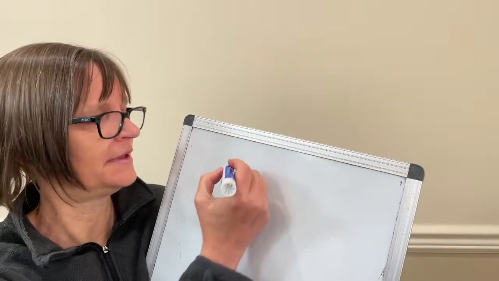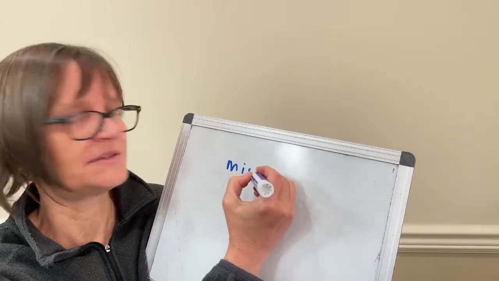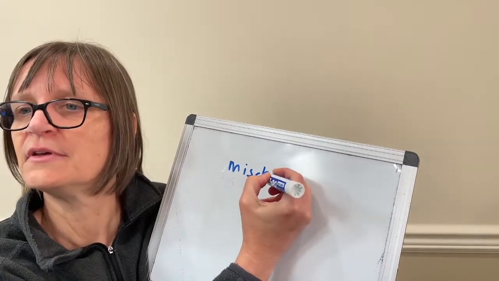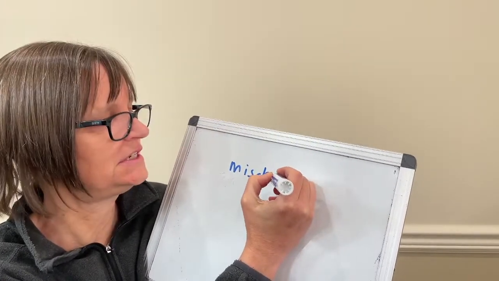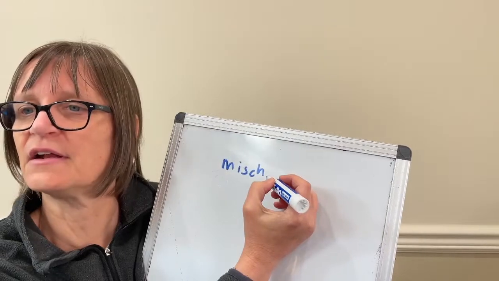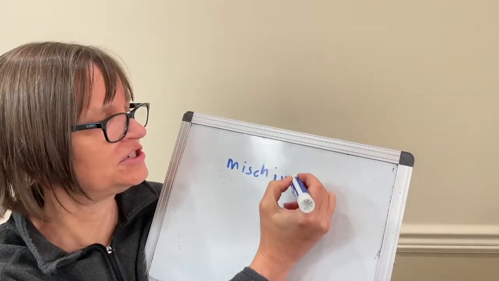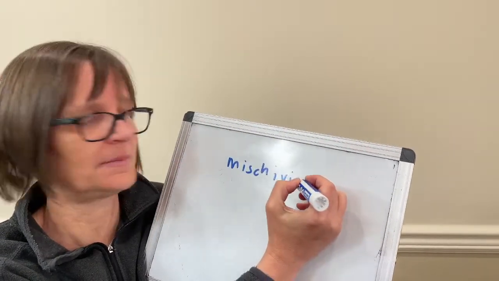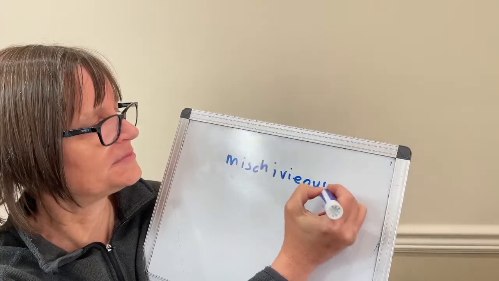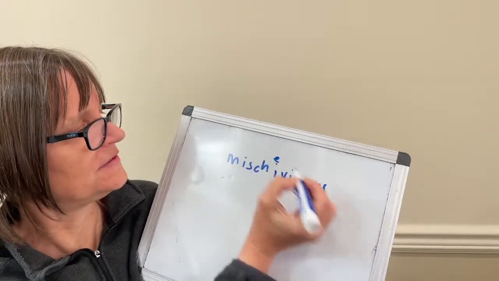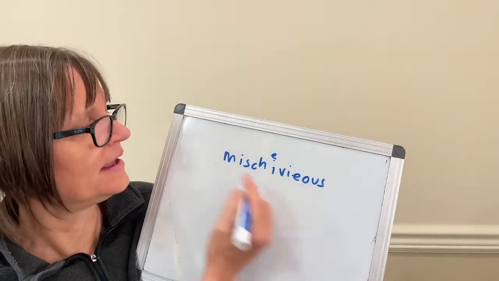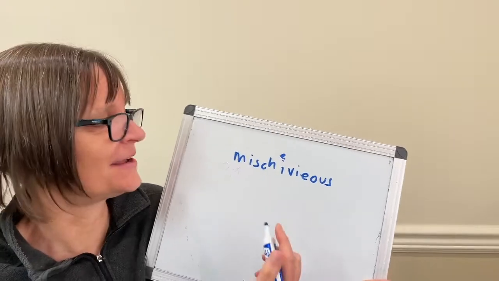Okay, we have a question about the word mischievous. I think it's spelled with an E and not an I. You spelled it this way, mischievous. This might be an E here. Maybe you're right. Anyway, in either case, the pronunciation is the same.